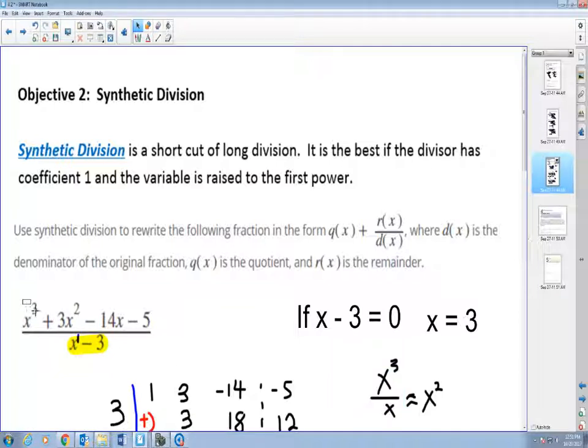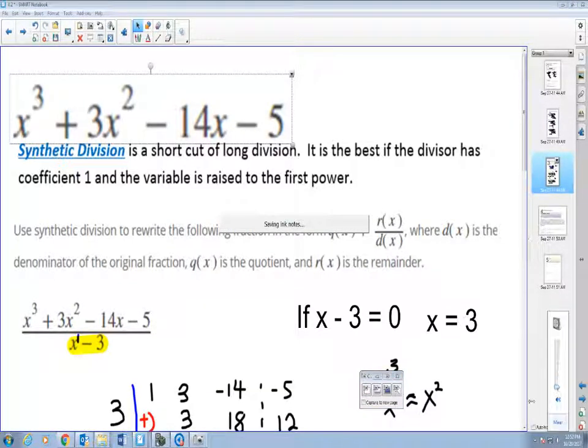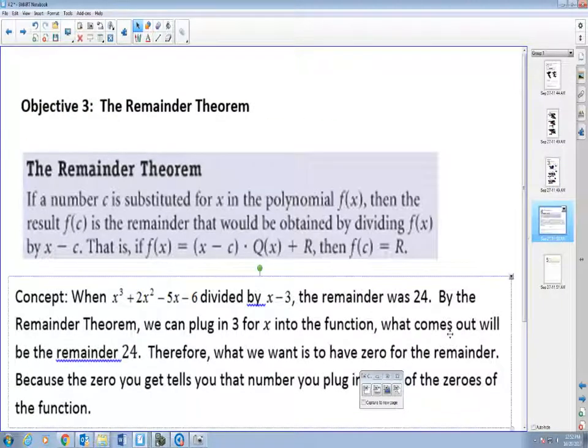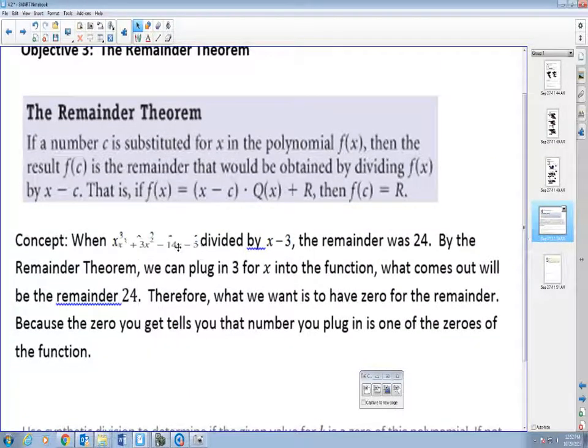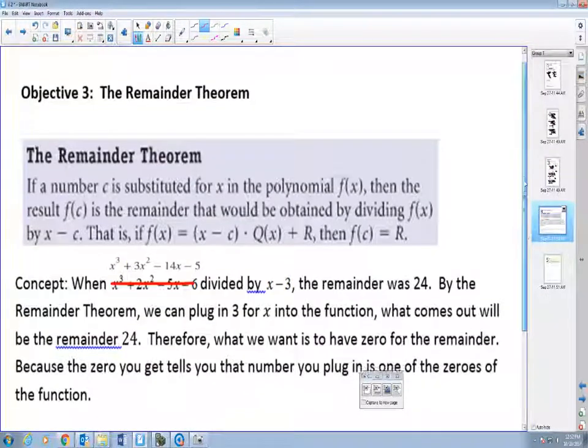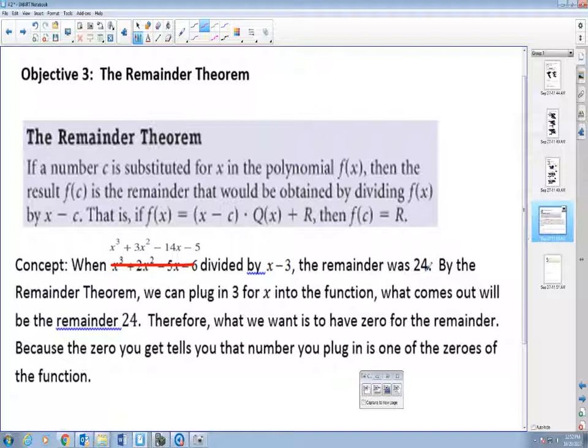When x to the third plus 3x squared minus 14x minus 5 is divided by x minus 3, the remainder we came up with was 7.